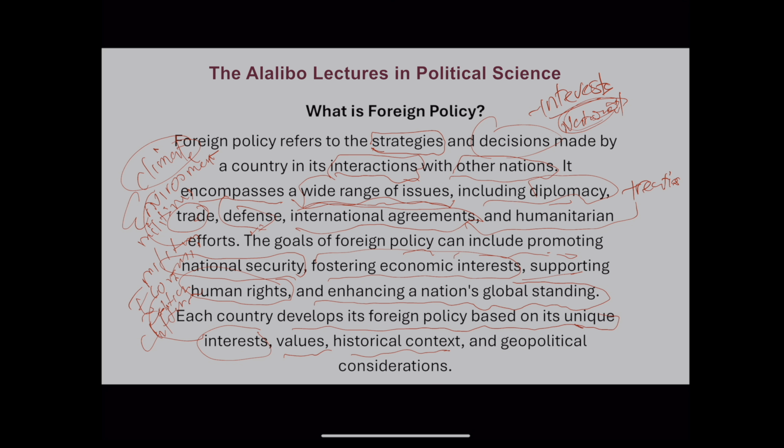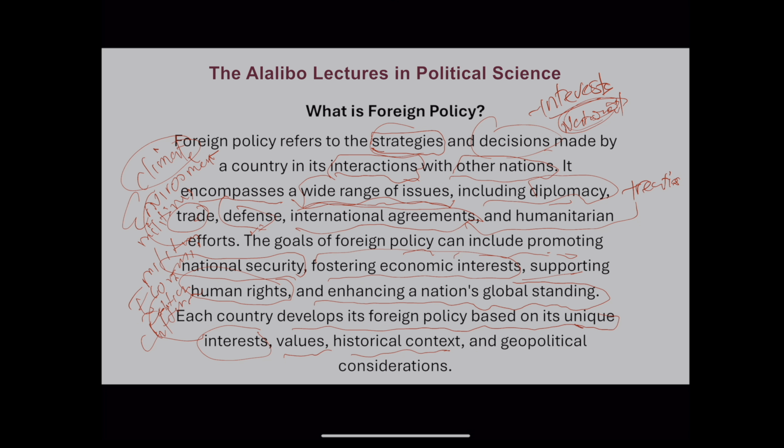Let's just go over this one more time in terms of the definition of foreign policy and some of the motivations for foreign policy, some of the basis for foreign policy. Foreign policy refers to strategies, focus, direction, and decisions made by a country in its interaction with other countries or other nations. It encompasses a wide range of issues, including diplomacy, trade, defense, international agreements, for example, treaties, and humanitarian efforts.